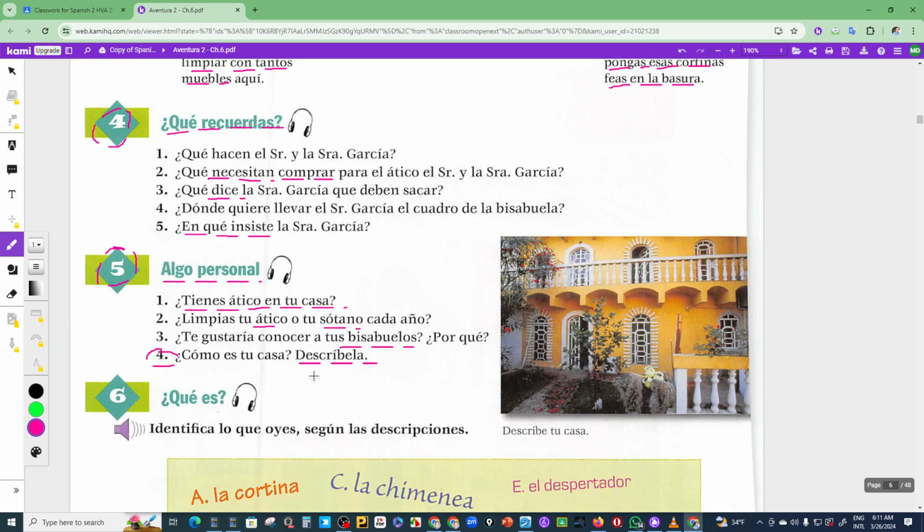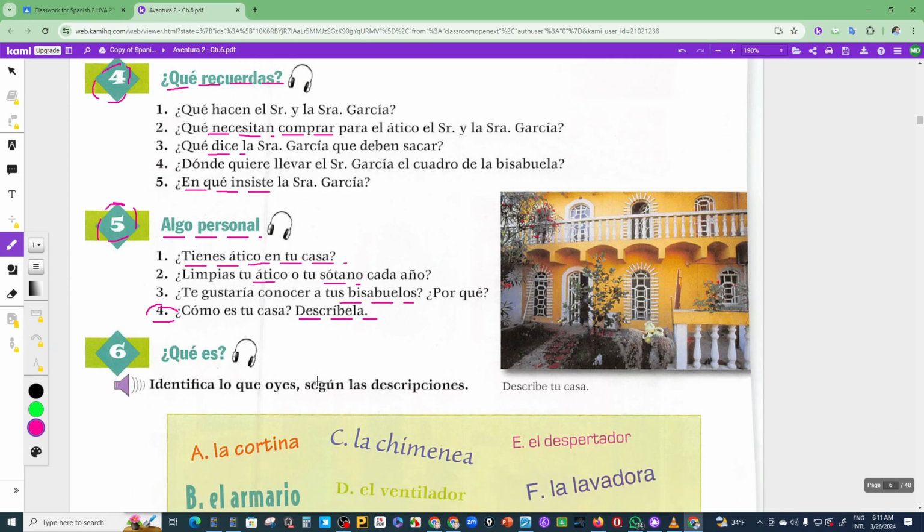And you can say if it has a porch or a garage or a backyard or a swimming pool, how many floors, does it have sótano, does it have attic. Okay, so describe how is your house in general.